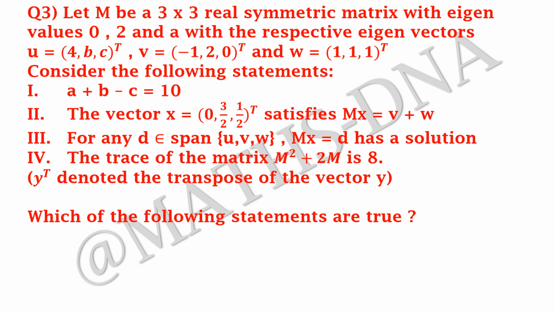Moving on to the third question. This one is also a lengthy one, but again a simple one. Let M be a 3 cross 3 real symmetric matrix with eigenvalues 0, 2 and a, with the respective eigenvectors u = (4, b, c) transpose, v = (-1, 2, 0) transpose, and w = (1, 1, 1) transpose. Then consider the following statements. The first one, a + b - c = 10.